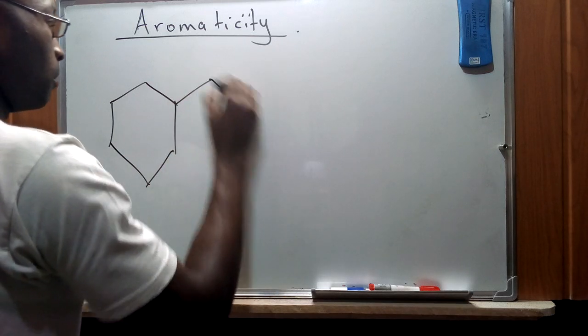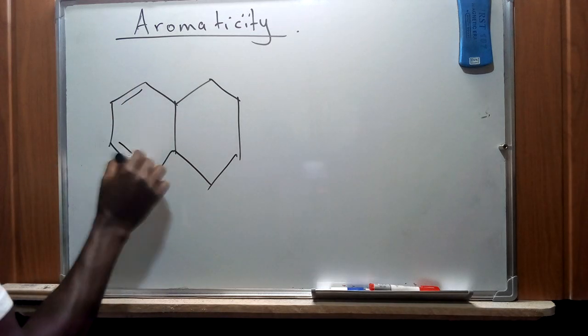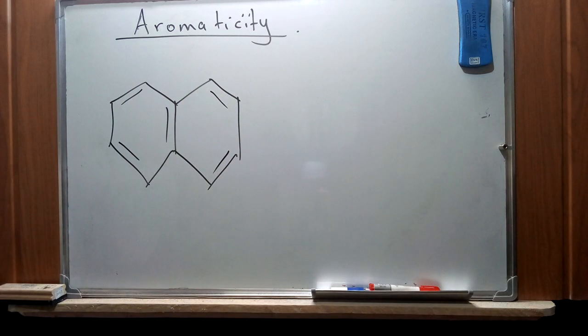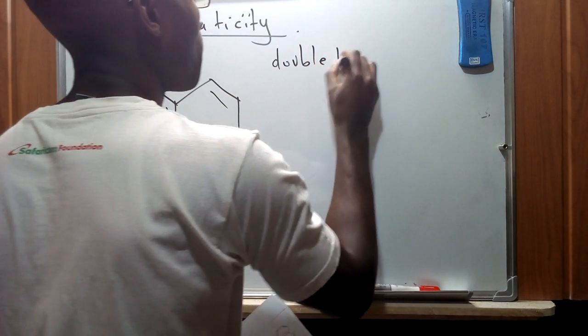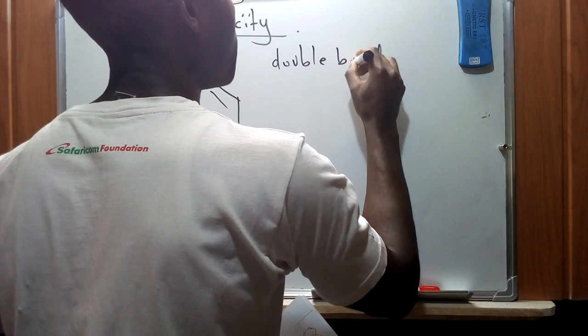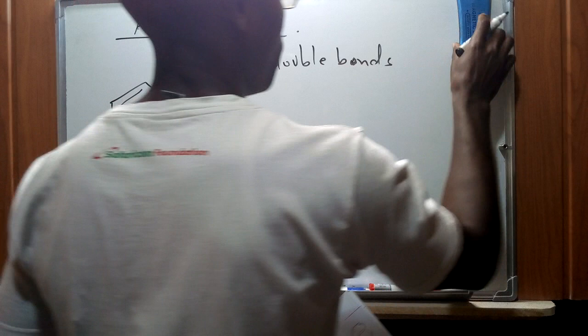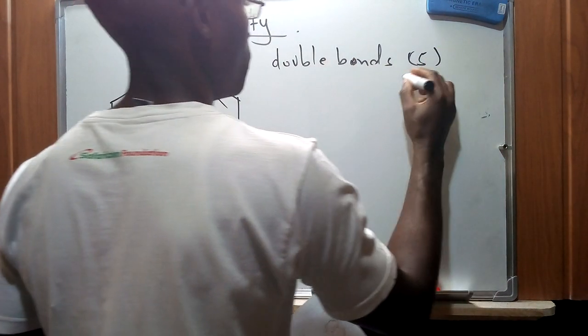So we have this compound here, and in this case we are going to see that the number of double bonds in this particular system is 1, 2, 3, 4, 5. So 5 double bonds, and we have said that a double bond consists of 2 electrons.